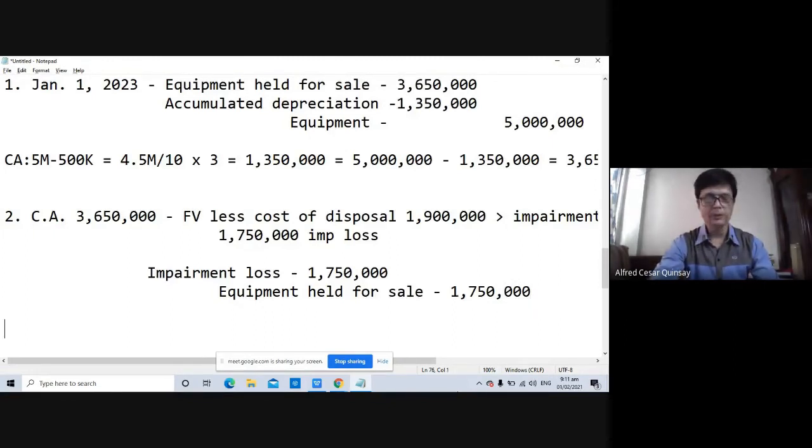After that entry, what's next? We record the sale of the equipment, because it says that on June 23 the equipment was sold for 1.5 million.